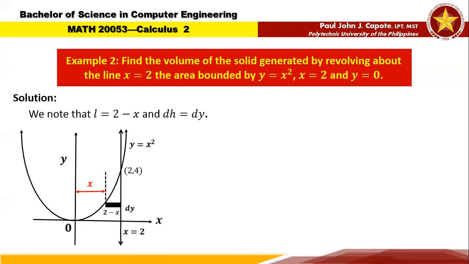Its width, dh, corresponds to its lower and upper y ordinates, and so dh is equal to dy. If we revolve this bounded area about the line x equals 2, we can generate n circular disks. Each circular disk has radius 2 minus x and height dy.